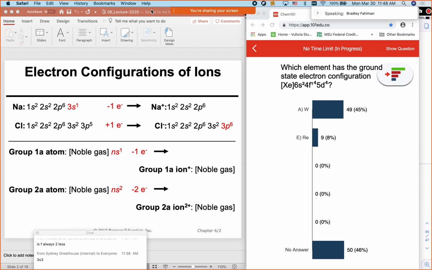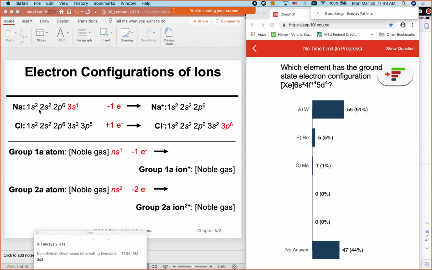So let's talk. Actually, you know what? Let's just go through this slide, which I think we pretty well already talked about. Ions mean that we're just taking away or adding electrons.